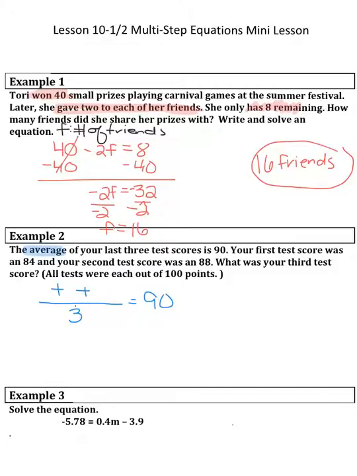So this equation is definitely harder. What was your first test score? 84. Plus, what was your second test score? 88. Plus, what was your third test score? That's the question. That's what I don't know. So you can put a T for third test score or X, and I'm going to define my variable. X stands for my third test score.